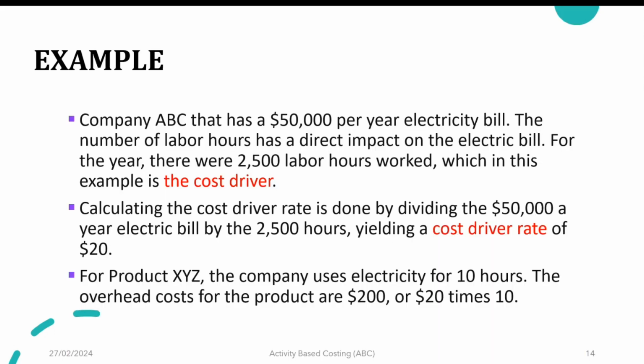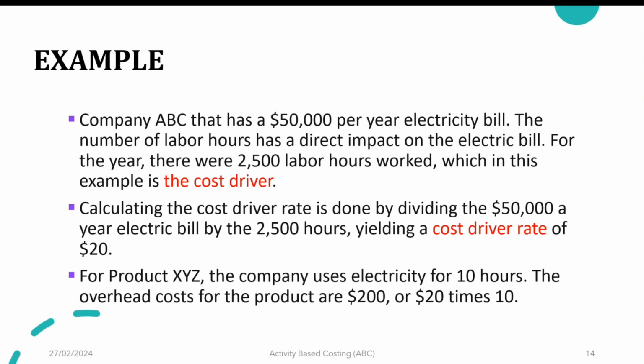There is another example. This one is a company that has a 50,000 per year electricity bill overhead. The number of labor hours has a direct impact on the electricity bill. So if some plant has a lot of labor hours, then they will use more electricity and vice versa.